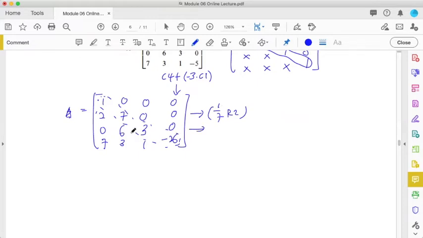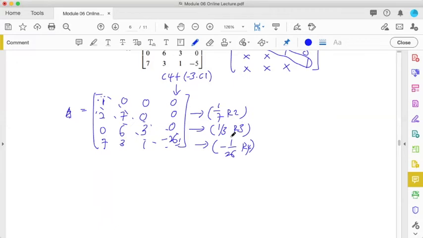For row 3, in order to make 3 become 1, we multiply row 3 with 1 over 3. For row 4, in order to get this negative 26 to become 1, we multiply with negative 1 over 26. Row 1 is fine because we already have 1.